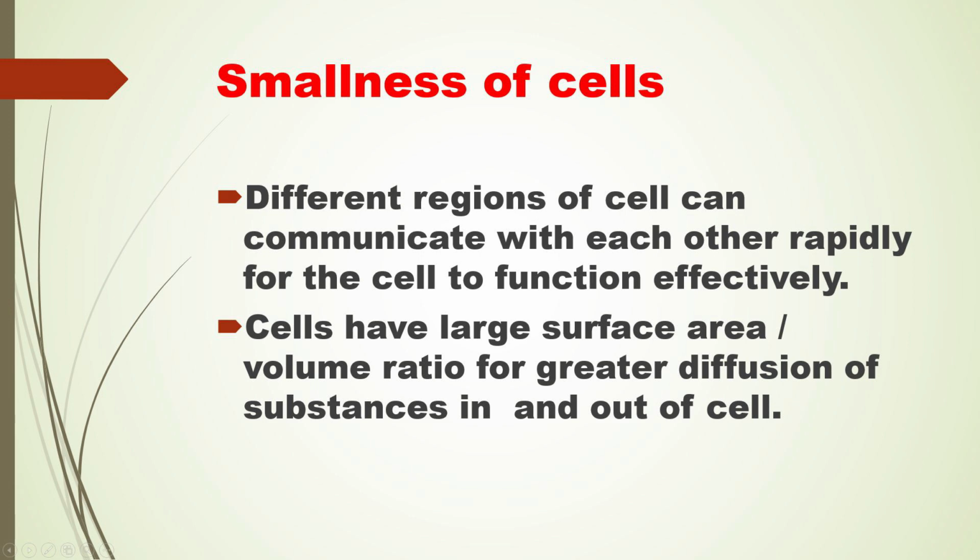The conclusion was based upon 2 important facts. First, the smaller the cell, the more easily it can communicate with its neighboring cells, so the communication becomes more effective and quick. Second, the smaller the cell, the more its surface area to volume ratio will increase, because of which the diffusion of substances in and out of the cell becomes very easy. So the smaller the cell, the better its efficiency to work.